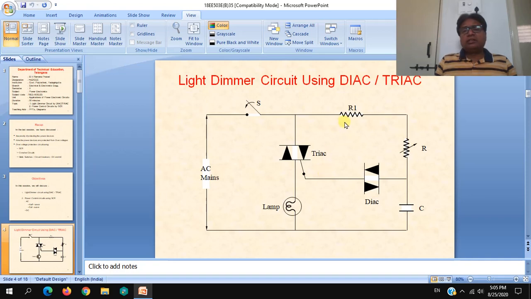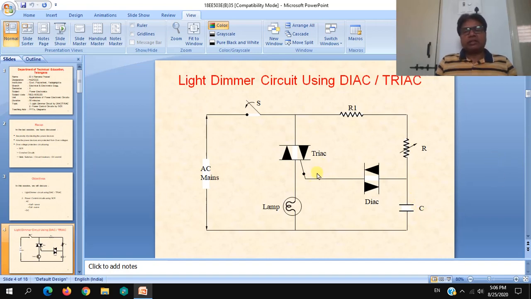And the circuit comprises a fixed resistance R1, a variable resistance, and a capacitance connected in this fashion. When you switch on the supply, current flows in this direction into the triac, and it also takes the path via R1 into the diac, and it also flows in the other direction to the capacitor.